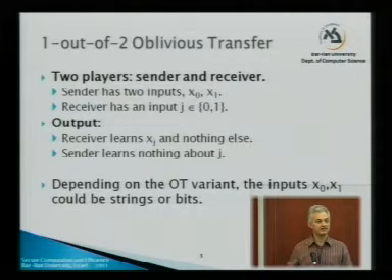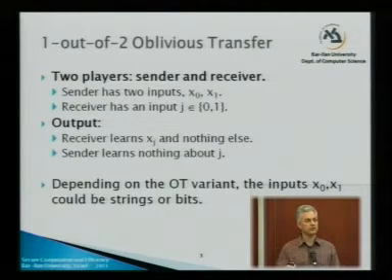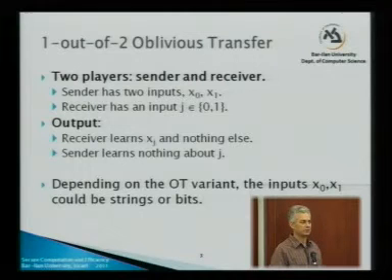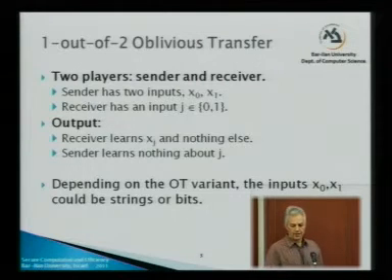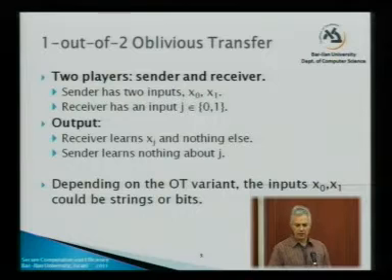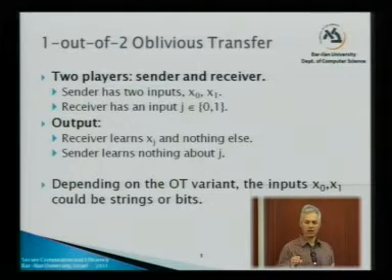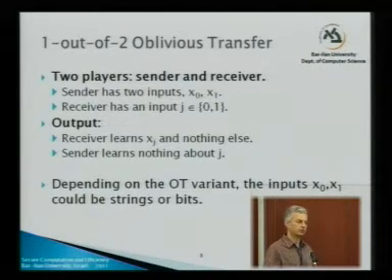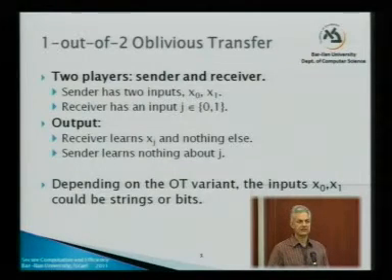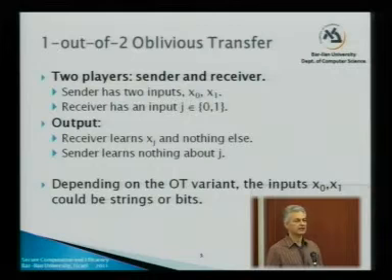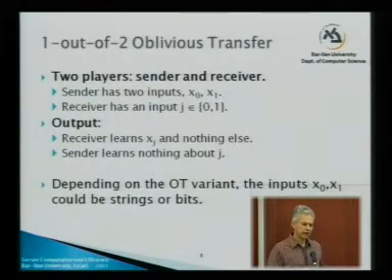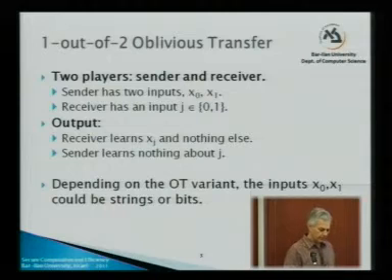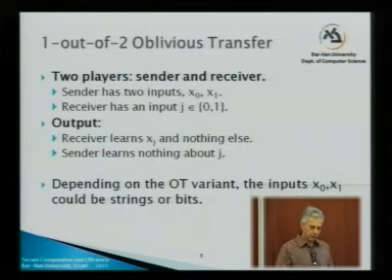Now, depending on the variant, these inputs, the xi's, could be either bits or strings. Let's say that they're strings, but it doesn't matter too much. There are other variants of Oblivious Transfer. There are variants where you choose one out of more than two items, one out of 4, one out of n. There are variants where the receiver doesn't have a concrete choice.